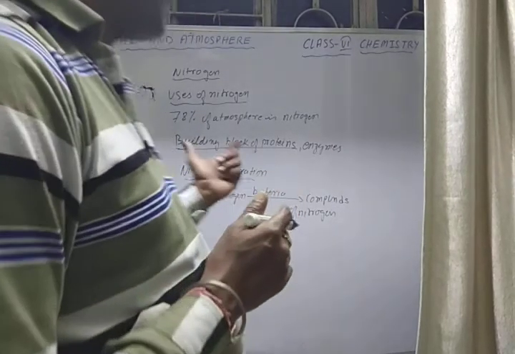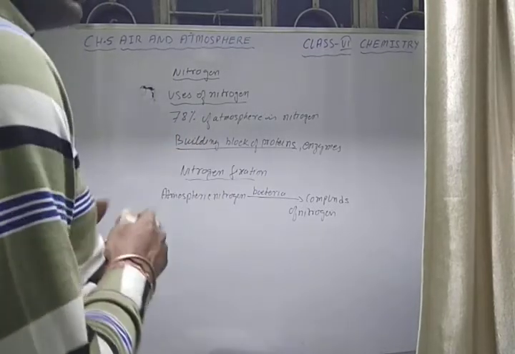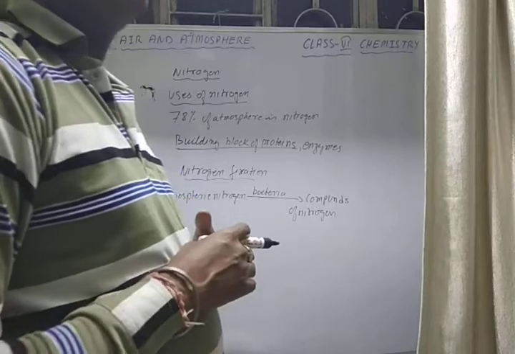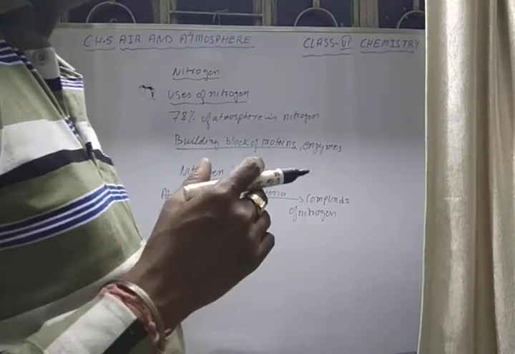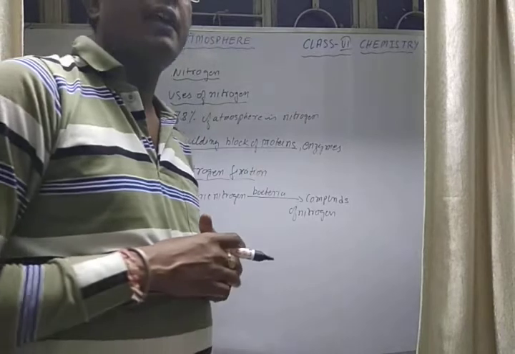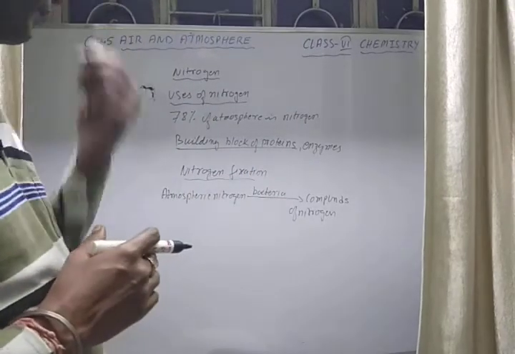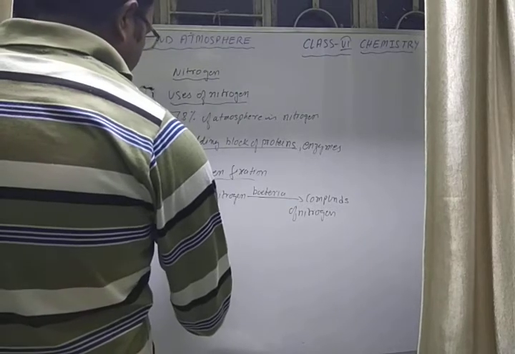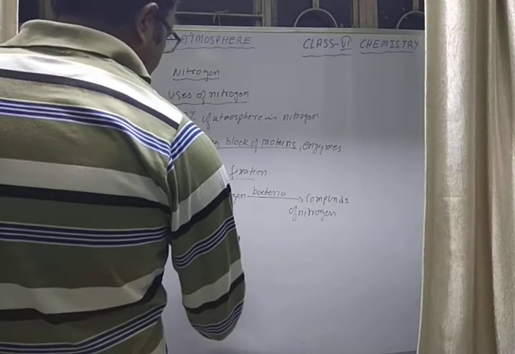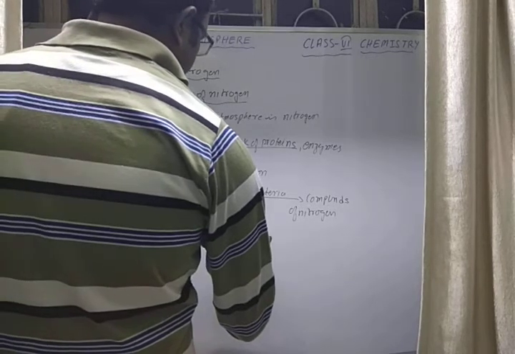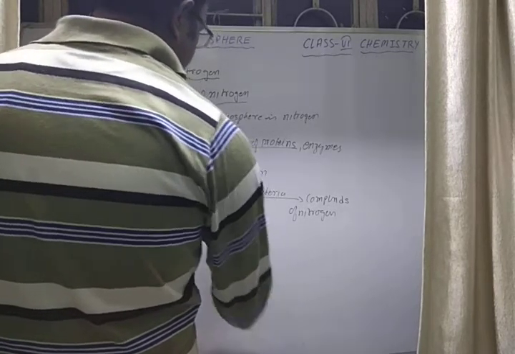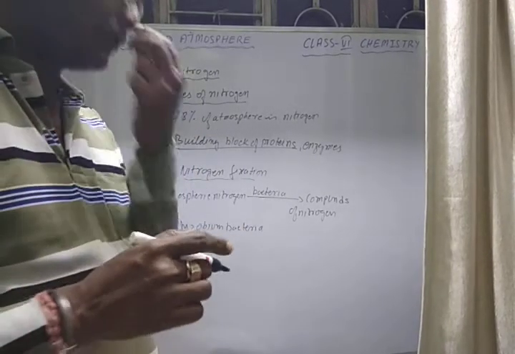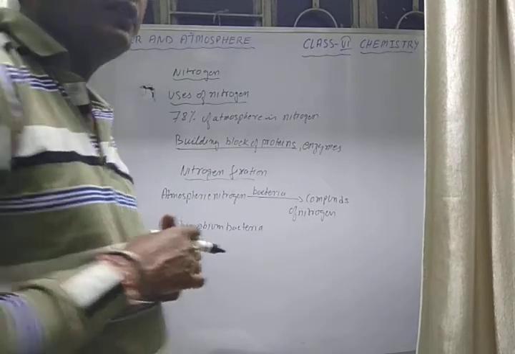One example of nitrogen fixation is by an important bacteria called Rhizobium. You should remember Rhizobium bacteria. It converts atmospheric nitrogen into compounds of nitrogen and fixes it to the soil, and from the soil plants absorb that.